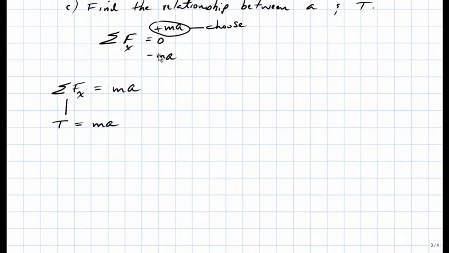And therefore, the tension will equal ma. If we substitute 15 kilograms for the mass, this is the resulting relationship, and at this point we cannot solve for the tension or the acceleration. Let's label this equation as equation number 1 and move on with our analysis.